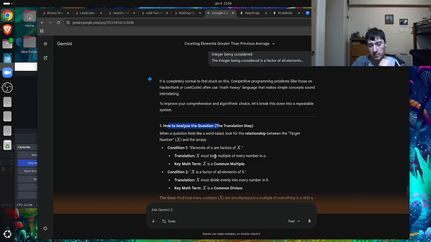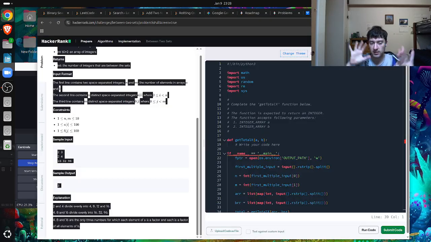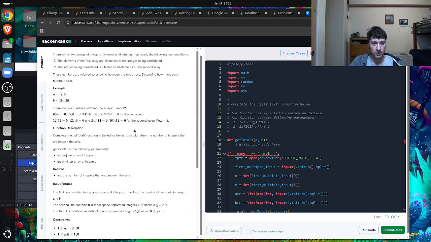So maybe I need to go back and relook at some of my basic algebra or something. I don't know. Again, these kinds of questions are not asked on LeetCode, so this is exactly what I'm trying to do, which is find those different types of questions that are asked here on HackerRank and see that difference in things.